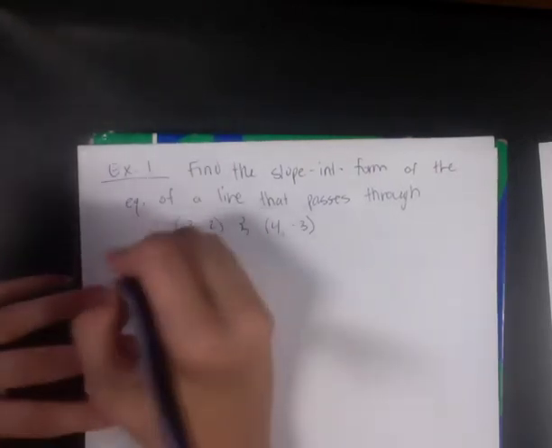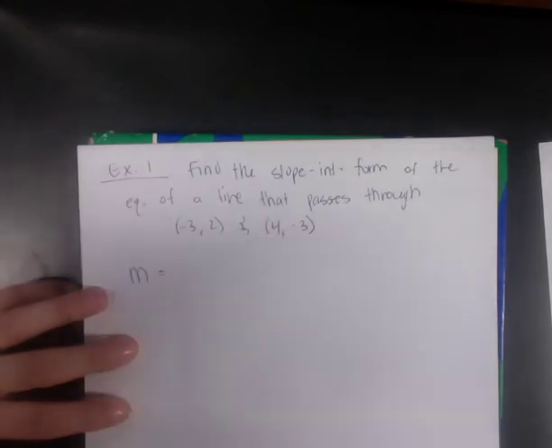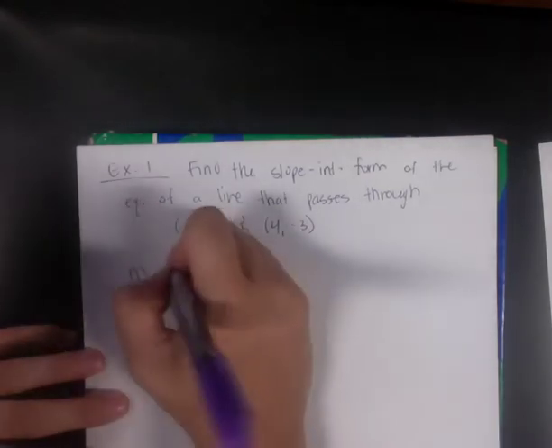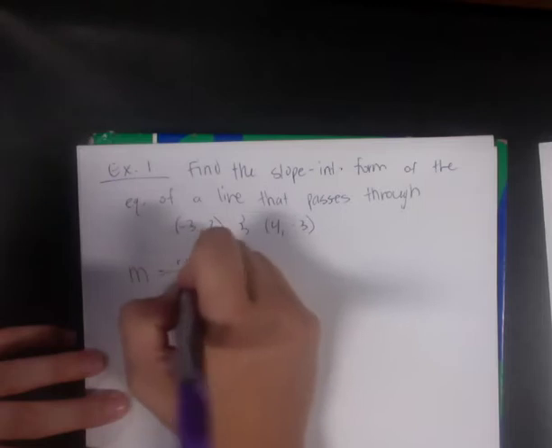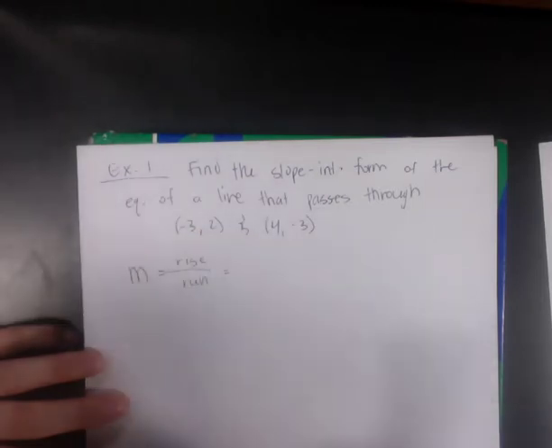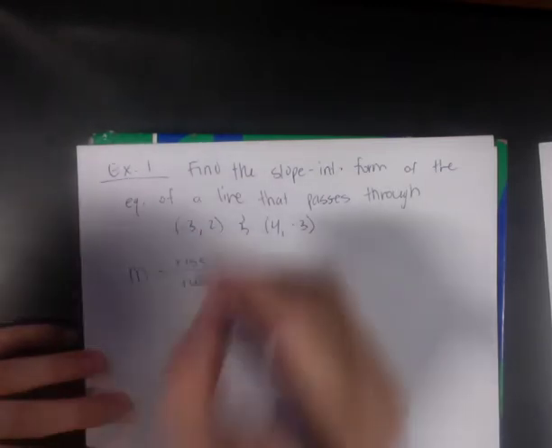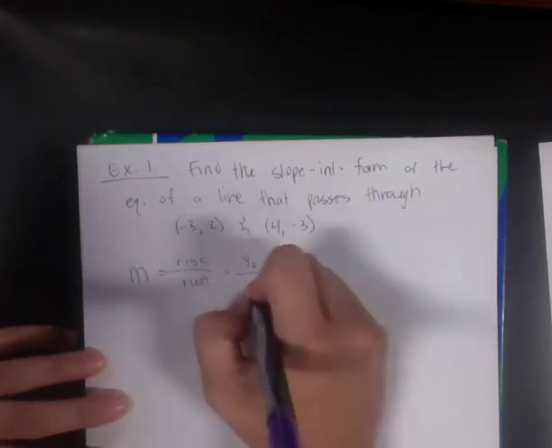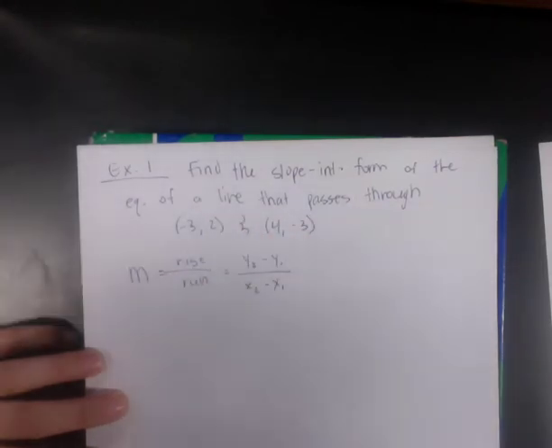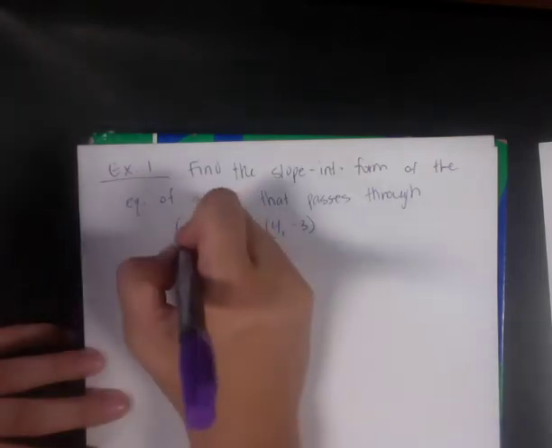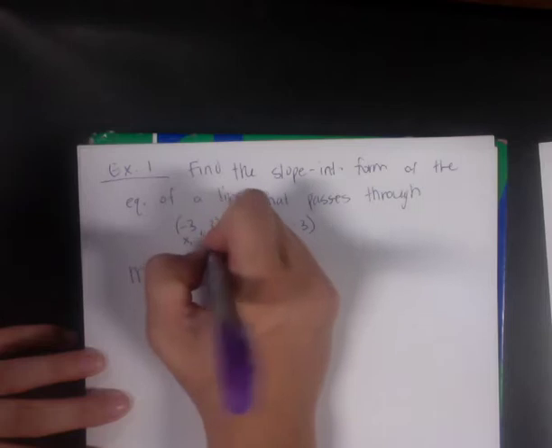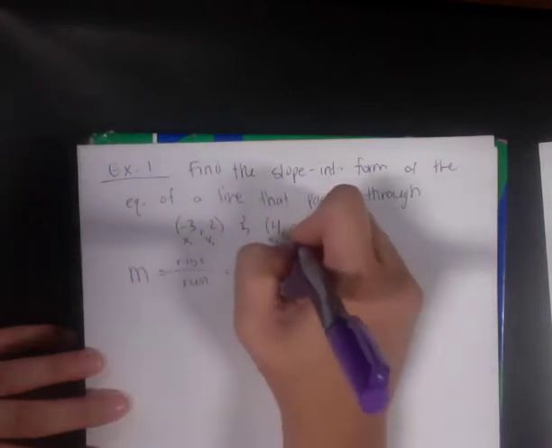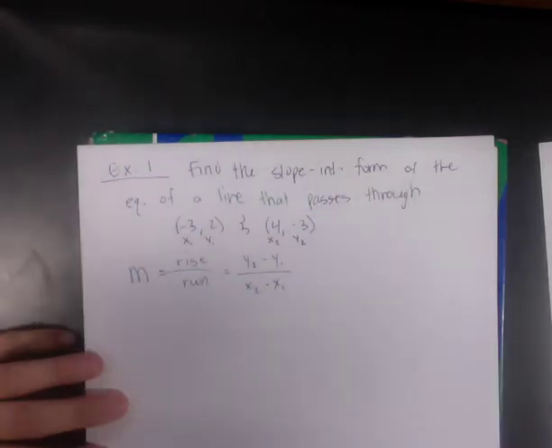Now, first thing we need to do is find our slope, m. We know that our slope is rise over run. Our rise is our vertical, our run is our horizontal. So our rise is y2 minus y1, and our run is x2 minus x1. Now where do I get those x's and y's from? This first point can be my x1, y1, and this is my x2, y2.